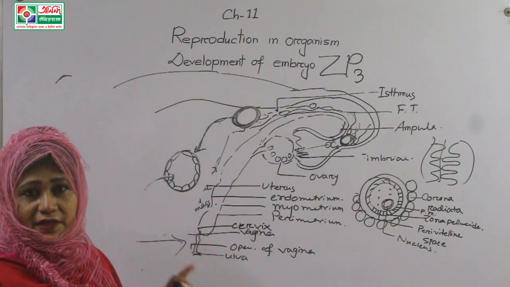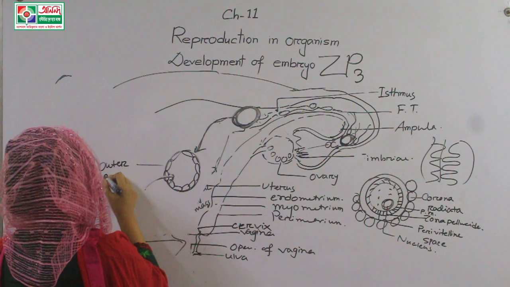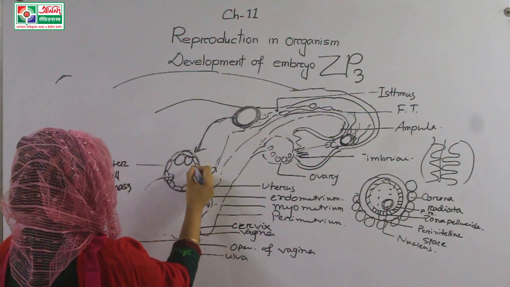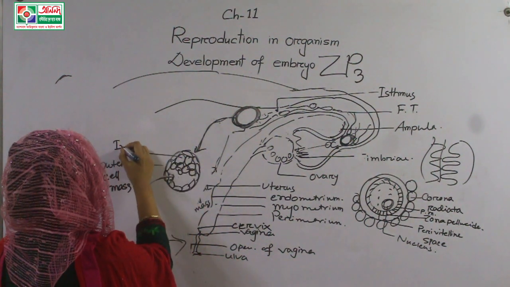The outer one is the outer cell mass, and the inner one is known as the inner cell mass.